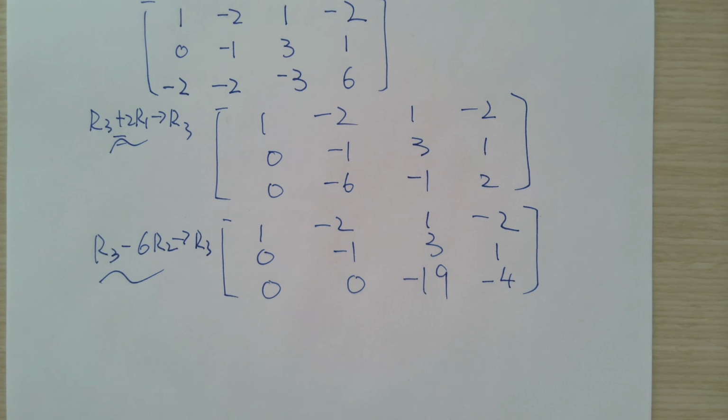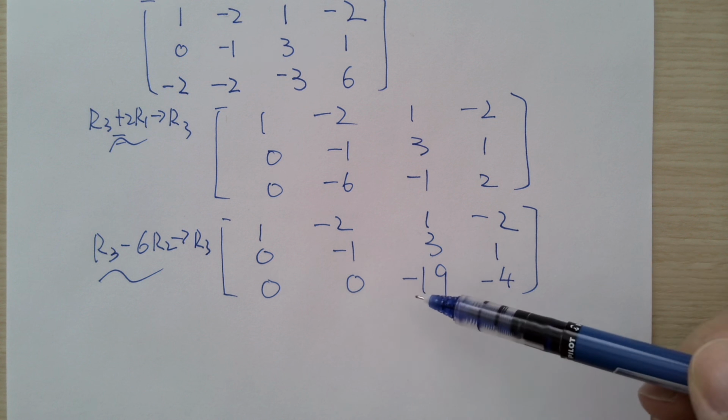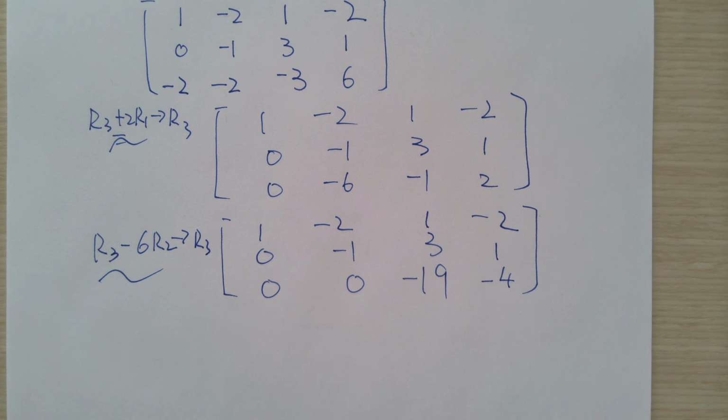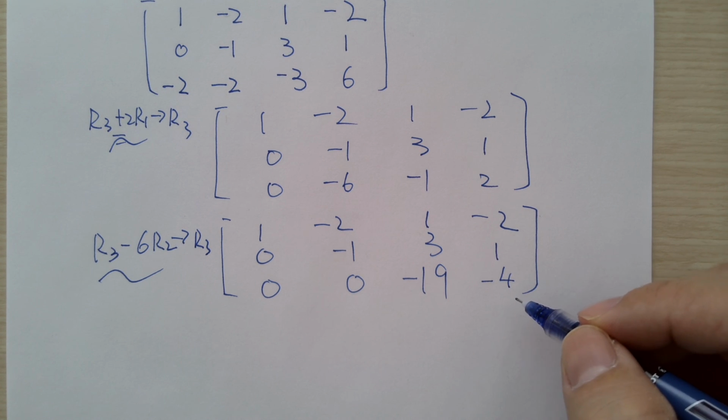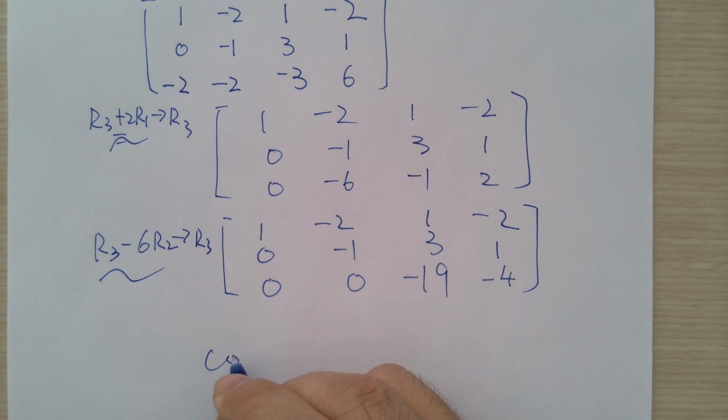Okay, so you can see that this is the echelon form here, and it turns out that we have a pivot in each row. So as you can see, this system is consistent. Okay, so yes, it is consistent.